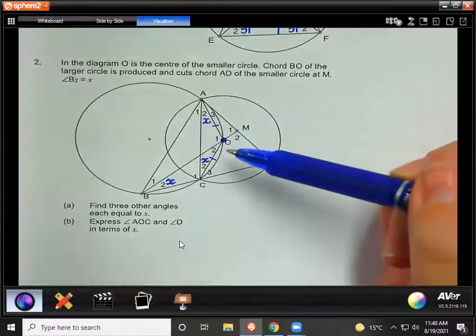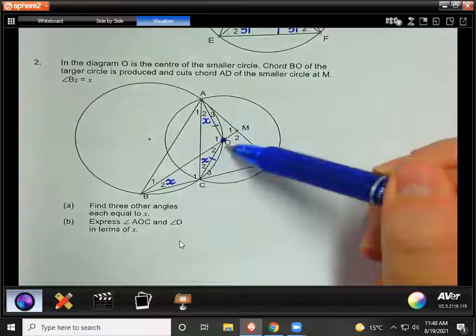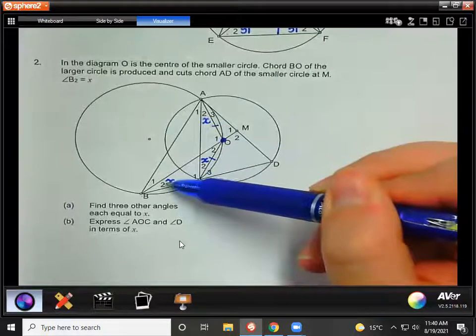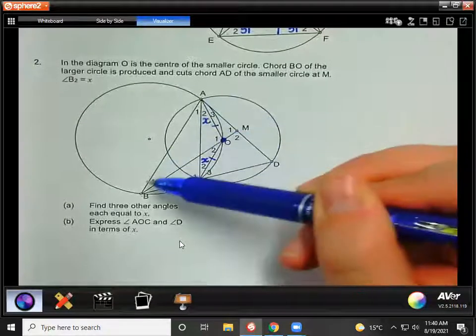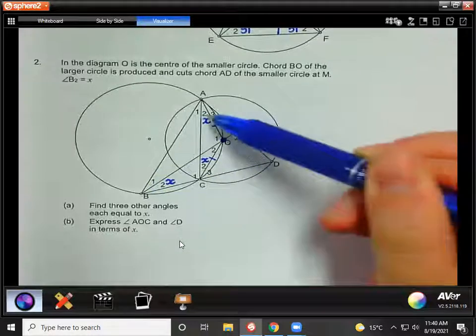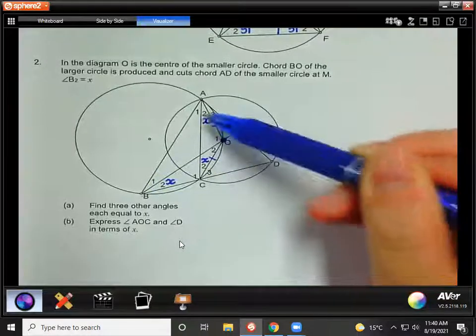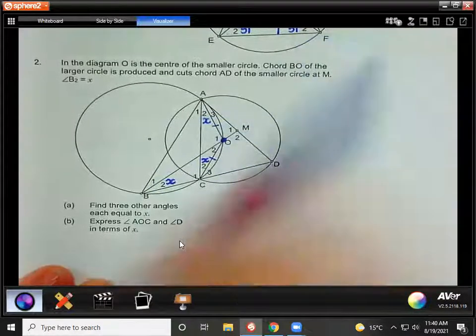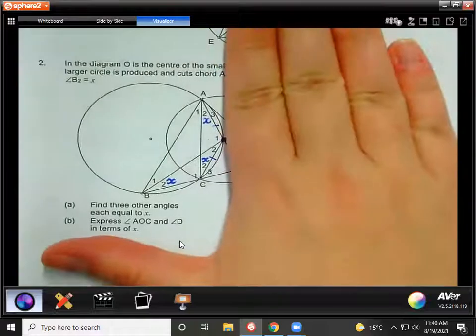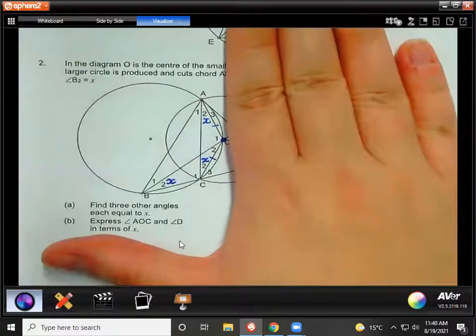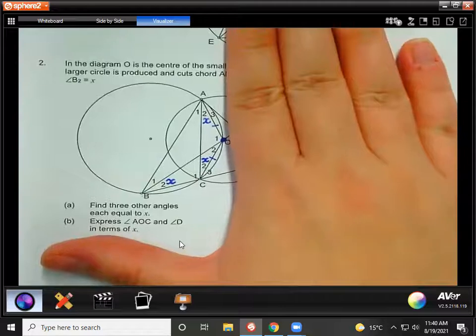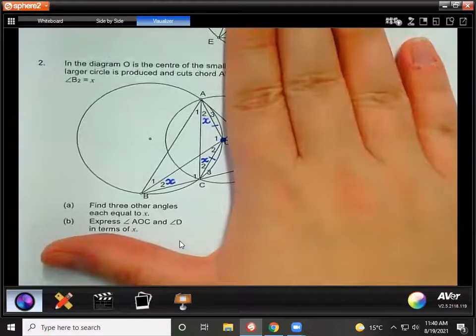Thank you, Talia. This chord CO is subtending B2. This chord AO is subtending B1. Do we notice that they are equal in length? We put that in because they're both radii. But if we're looking at them now in the bigger circle, both of them are chords of the bigger circle. And because they're equal, any angles that they subtend will also be equal.